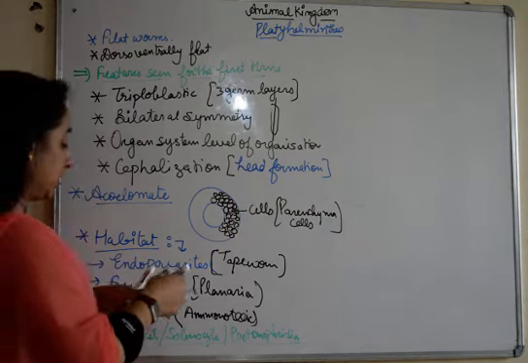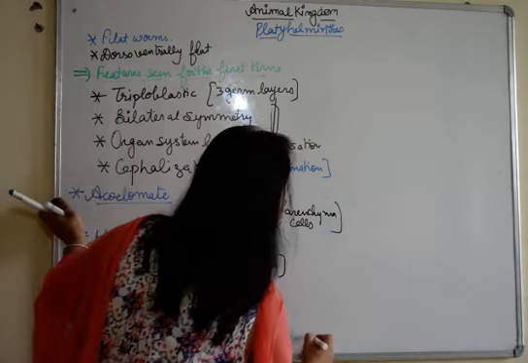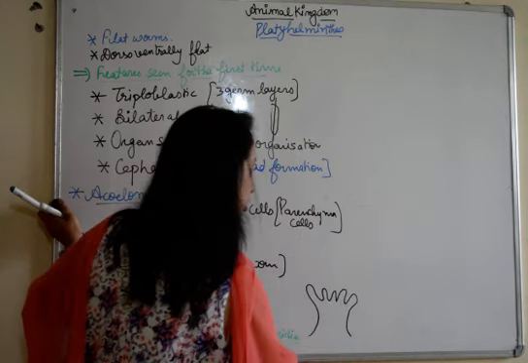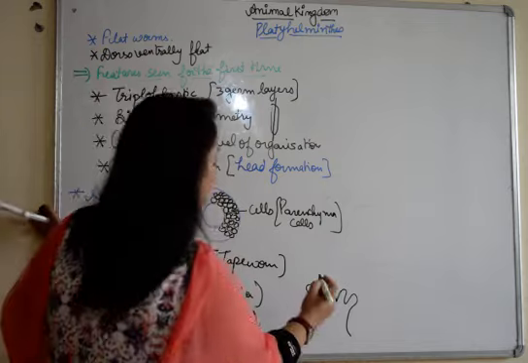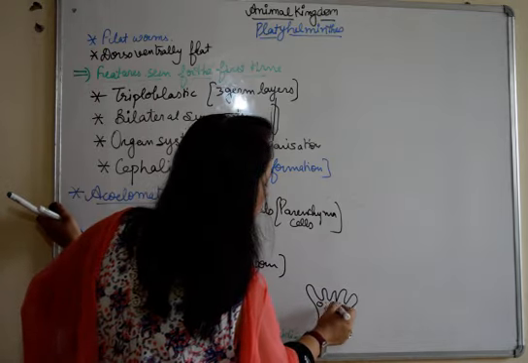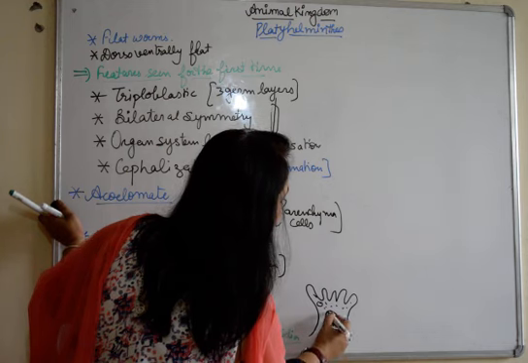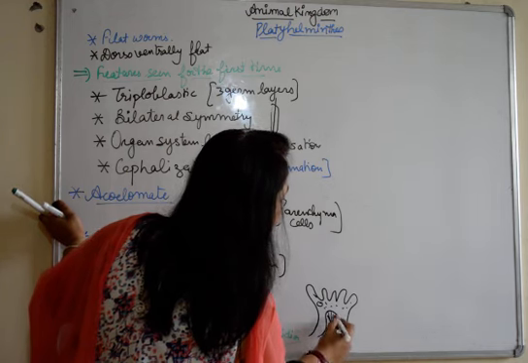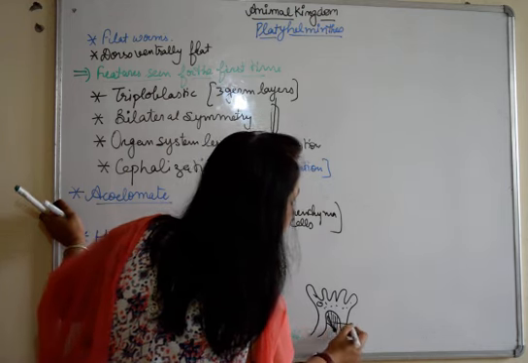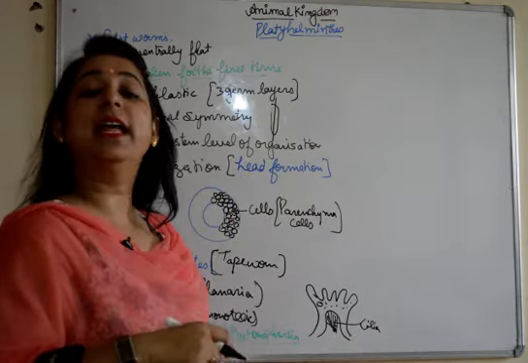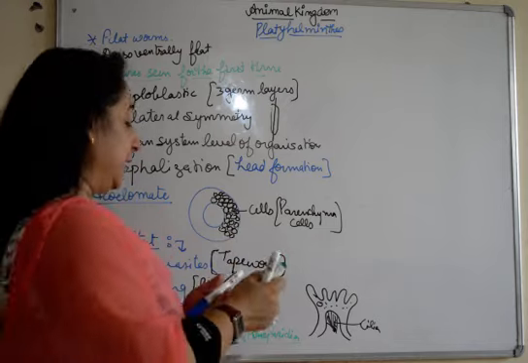If I make the structure here, you will see the structure of a flame cell. It is a cell with all this cytoplasm, and herein they have a tuft of cilia present. Due to the flickering motion of this tuft of cilia, they show a flickering motion like a flame, so they are known as flame cells.